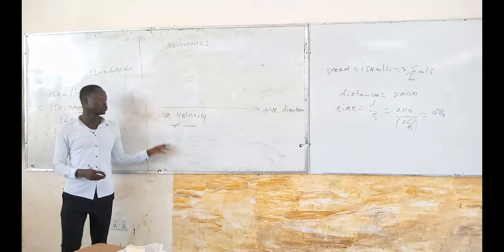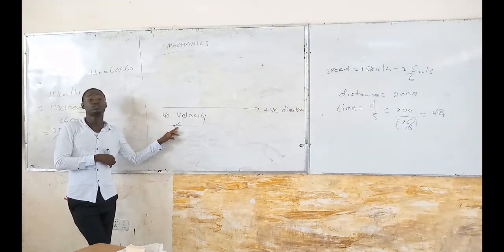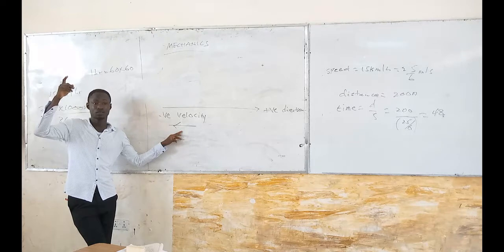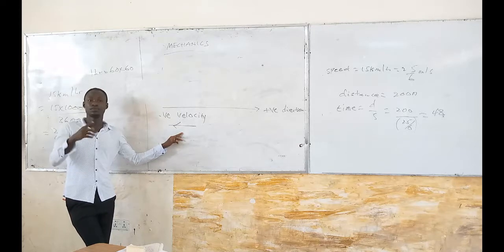Sometimes you also have to be familiar with some of these notations. When you use an arrowhead, one arrow is normally what we use to denote velocity. When there are two, what does it mean? Acceleration. Good. So that's the notation.